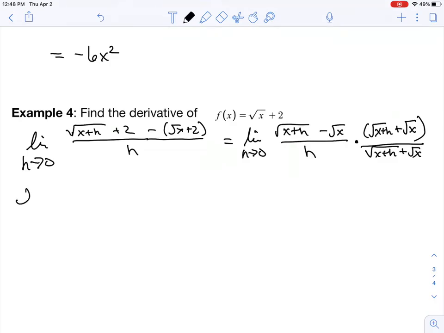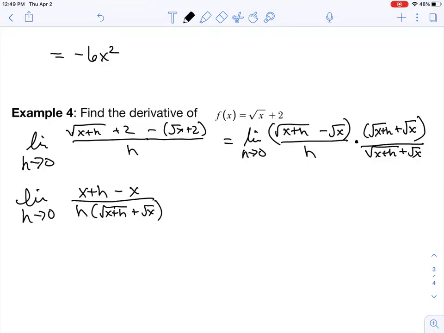And I know you're saying, oh, but we're putting the radical back in the denominator. Yeah, that's okay. That's what we want. We need to get rid of the h now. So difference of squares, when you multiply, we get x plus h minus x over... and don't actually multiply this out. Just leave it in factored form in the denominator to make your life a little easier.